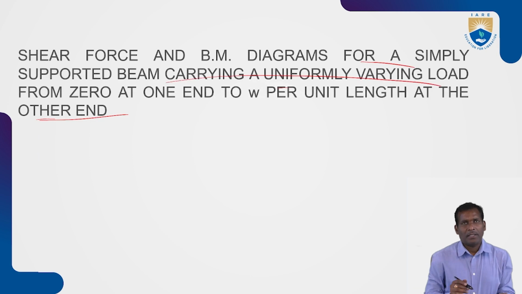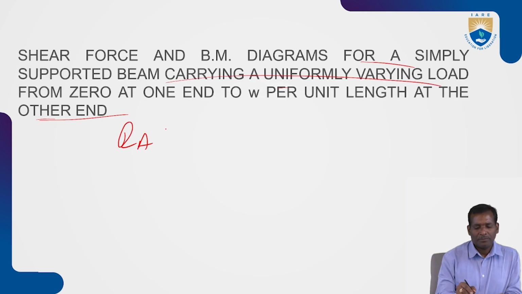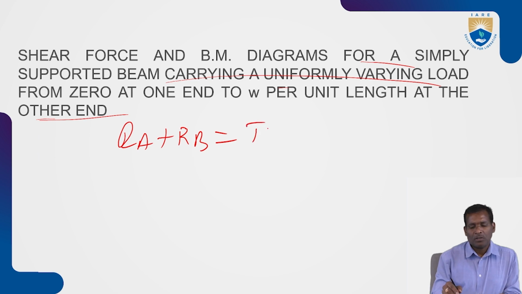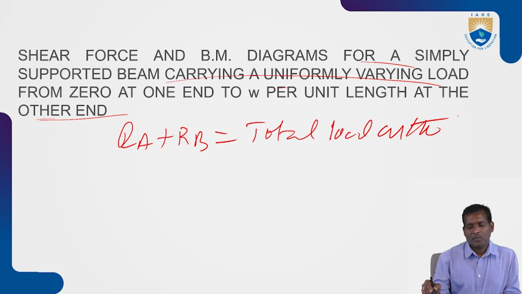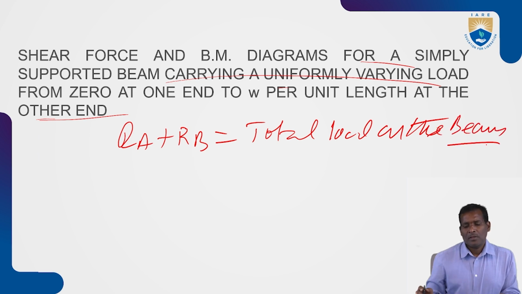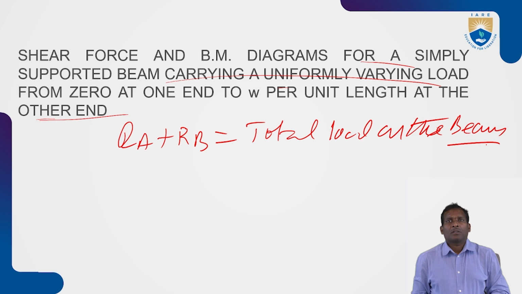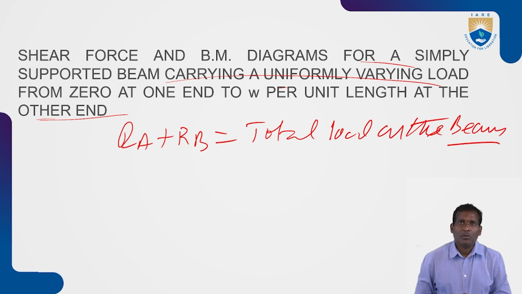So we need to calculate RA and RB first. RA plus RB is the total load on the beam. How do you calculate the total load?